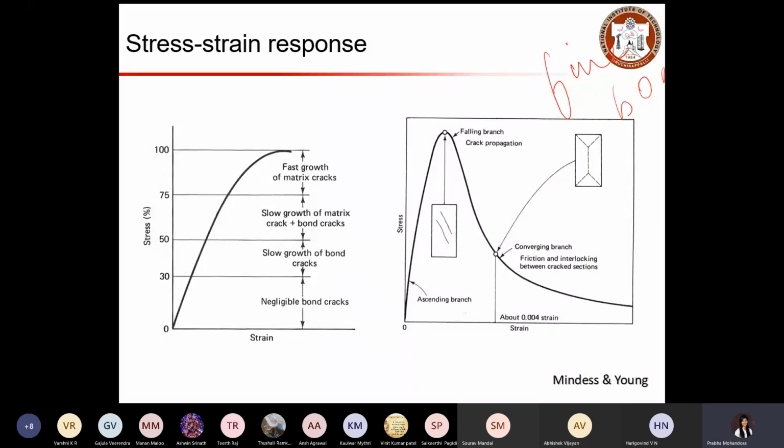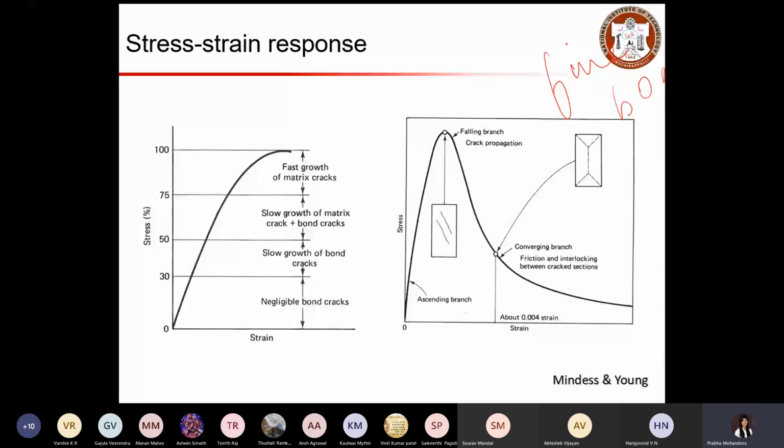So these fine cracks will be there even before you apply any load. Maybe you can say up to 30% of your ultimate strength, the very fine bond cracks will remain stable and do not grow under stress. That is what is mentioned here: up to 30% you have negligible bond cracks in your concrete.